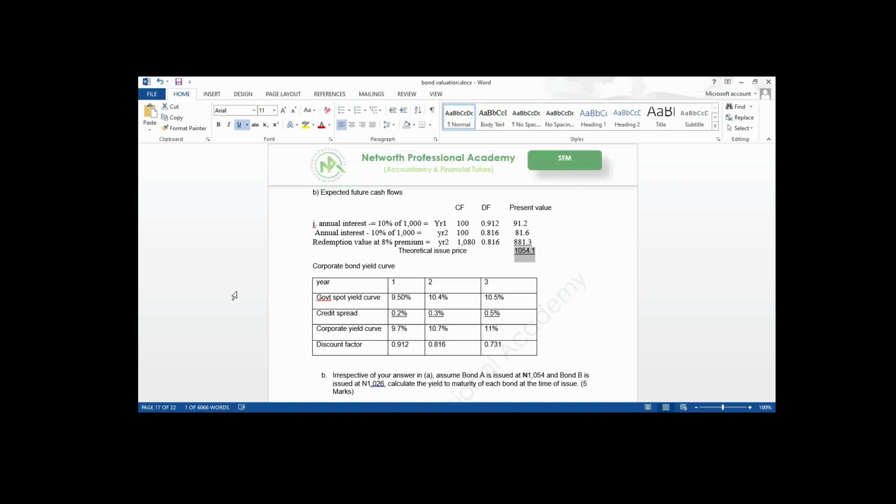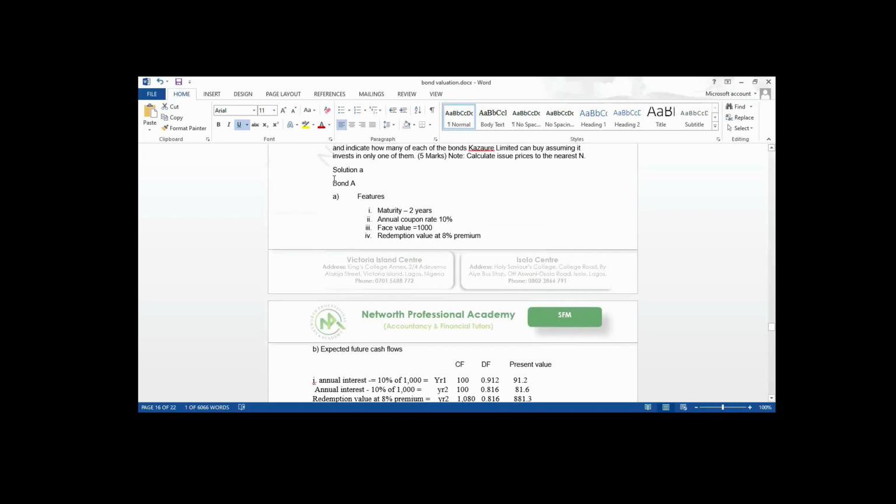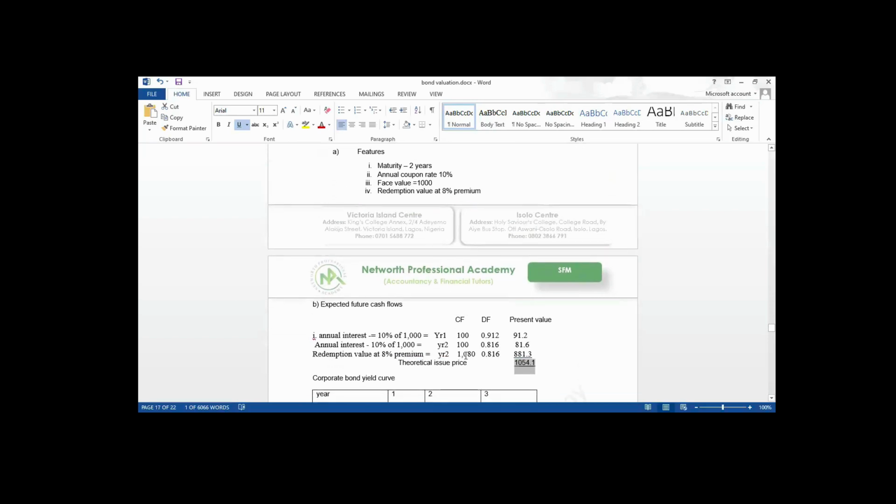We have gotten for bond A. To the nearest naira, 1,054.